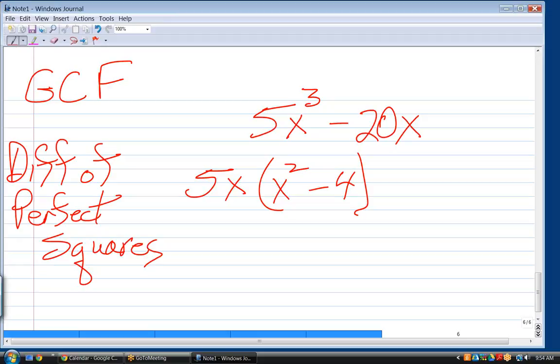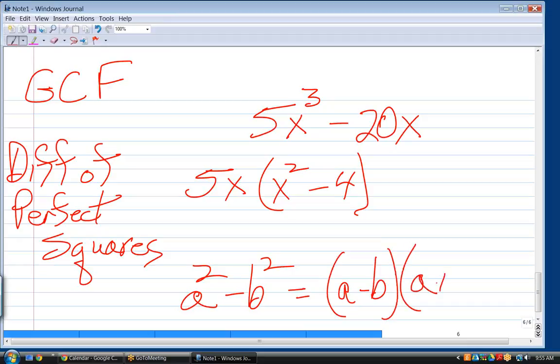So, this is the second most simple form of factoring. And when I have the difference of perfect squares, a squared minus b squared, it always factors into the same thing, a minus b times a plus b. That's what makes the difference of perfect squares so simple.